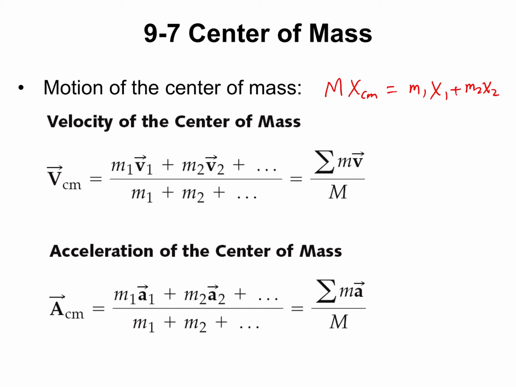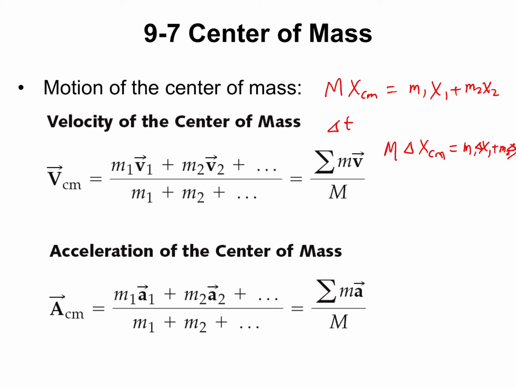Okay, and if you have a position change within time delta t, if the center of mass moves from one position to another, then M delta xcm equals m1 delta x1 plus m2 delta x2.